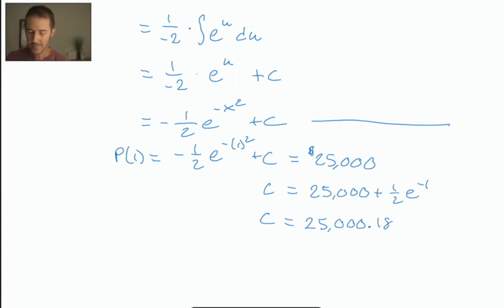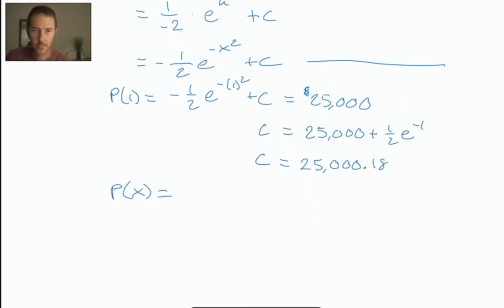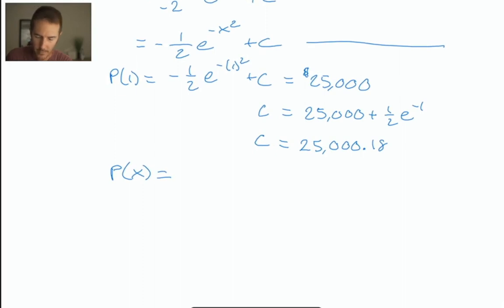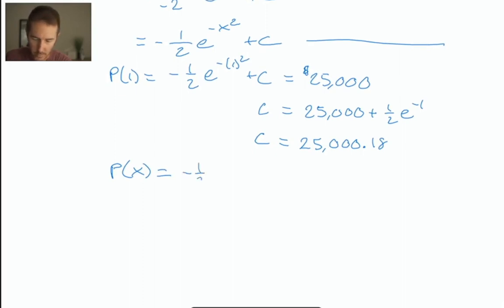So that's our specific C value, which allows us to write our specific profit function as -1/2 e to the -x squared plus 25,000.18.